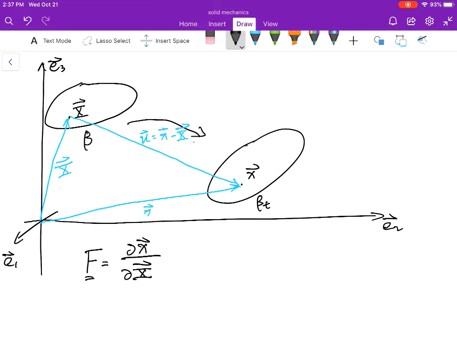And the component form is like this. That's the definition.